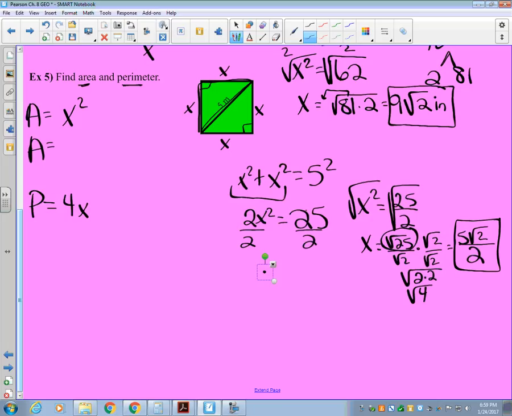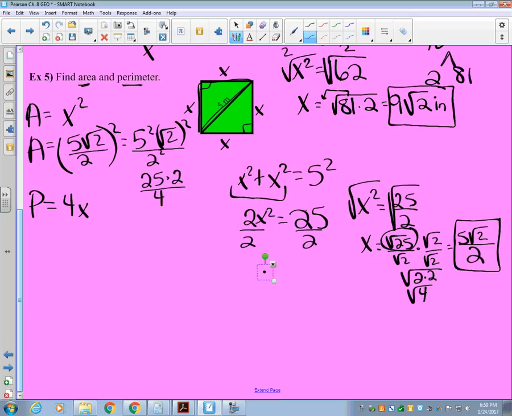and we're going to square it to find the area. So it's 5 root 2 over 2 squared, and we know that that's the same as 5 squared, we got root 2 squared, and we got over 2 squared. So we know 5 squared is 25, root 2 squared is 2, and 2 squared is 4.